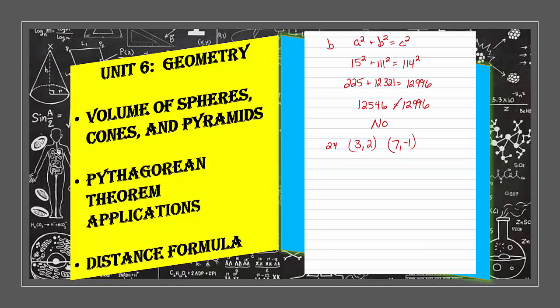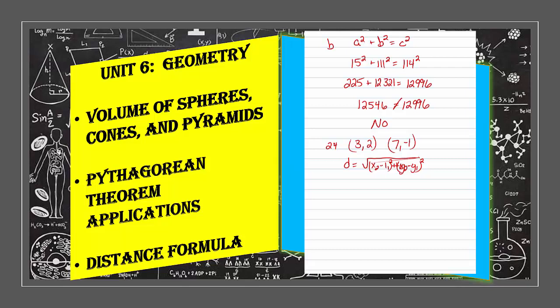Remember, the distance formula is equal to the square root of (x2 minus x1) squared plus (y2 minus y1) squared. Rewrite that addition sign because I think I just went through it with my parentheses.